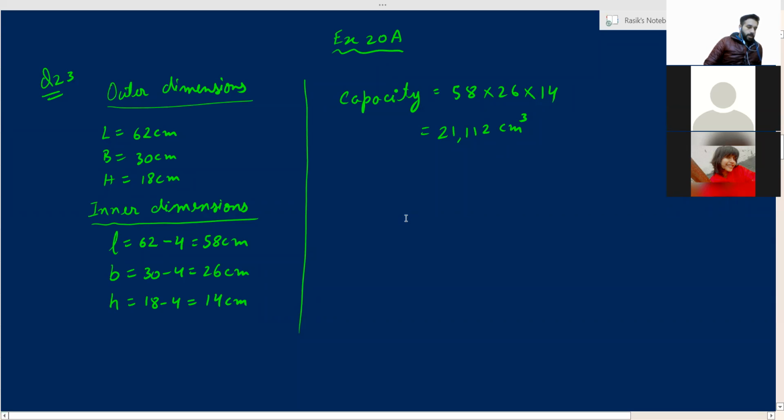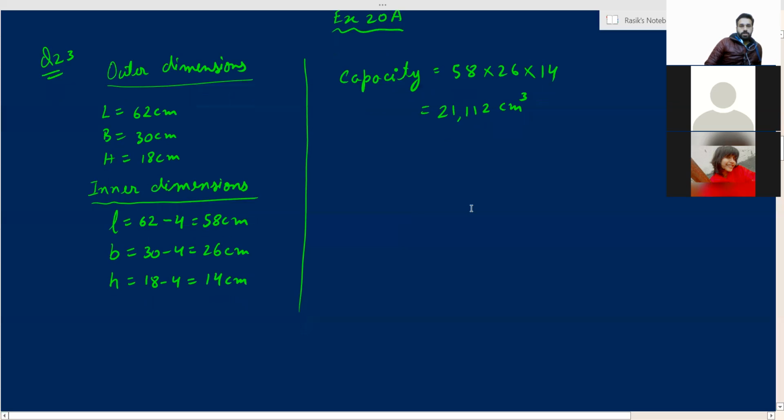In each of the 3 parts, the edge of the cube, that means the side of the cube, is given. You have to find the volume. Simple question. Find the lateral surface area, total surface area of the cube, each of whose volume. All the 3 things you have to find out. So do the first part of the question.